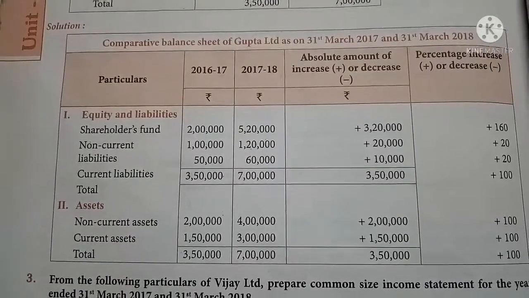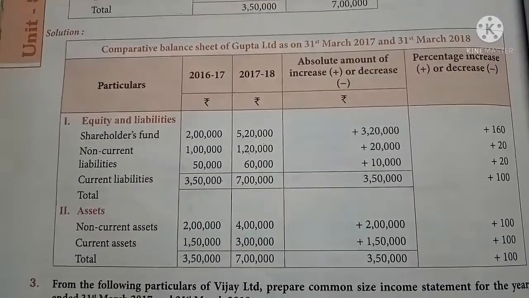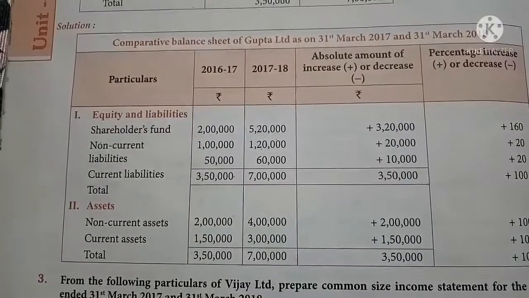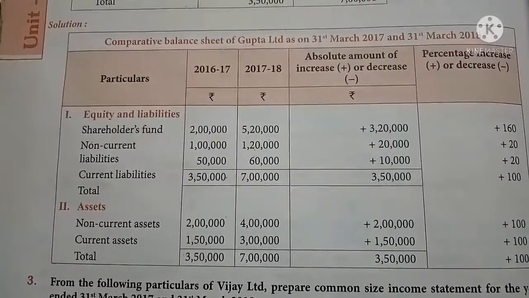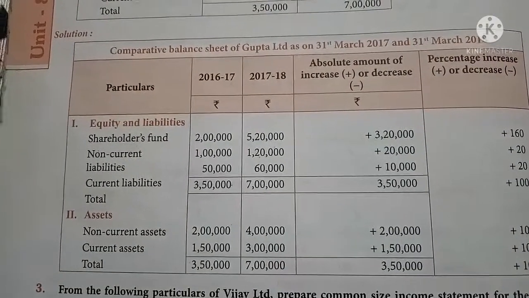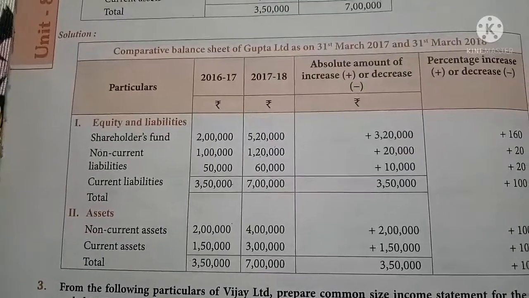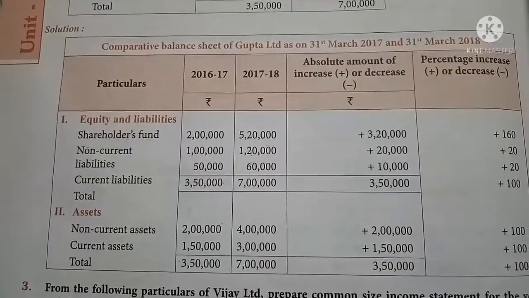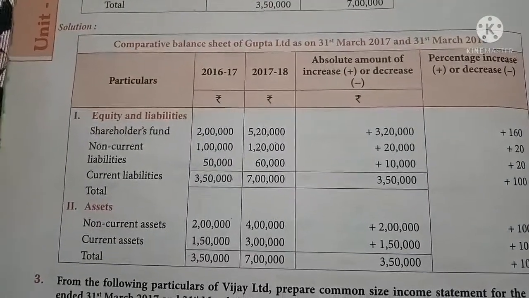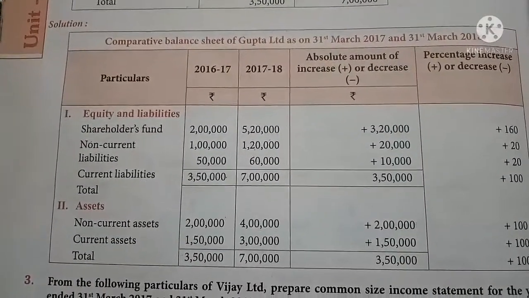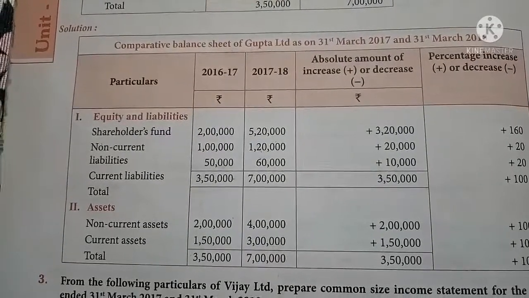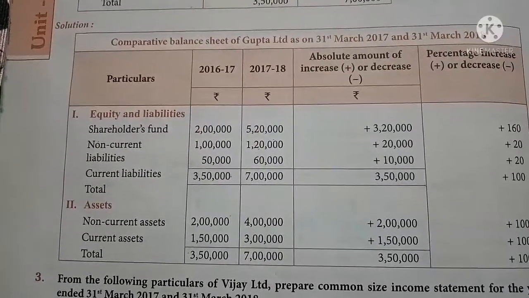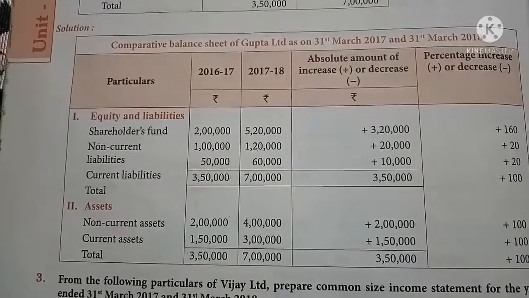You can write 2016 to 17 one column, 2017 to 18 one column, and then fourth column absolute amount of increase or decrease, and then fifth column percentage of increase or decrease. First write all the liabilities, shareholders fund, non-current liability and other liabilities, then total.